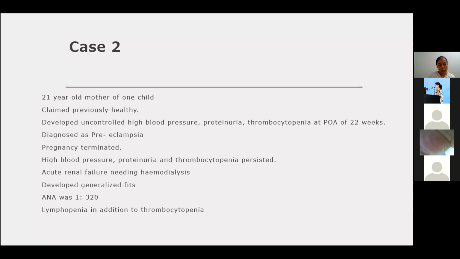In the course, an ANA test was done, and it was positive, 1 in 320. Looking at the investigations, there was lymphopenia as well, in addition to thrombocytopenia from the onset of her symptoms.